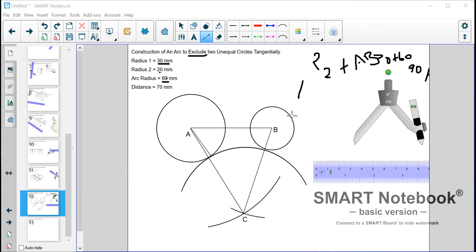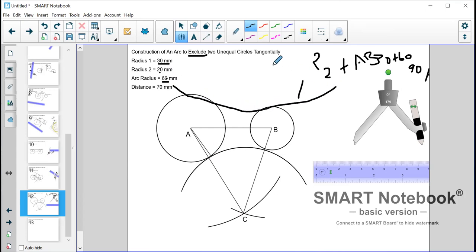Good. Now, in terms of variation, the only difference is that the arc would probably have to be drawn on top, which means you describe the arc somewhere on top and then draw this arc.